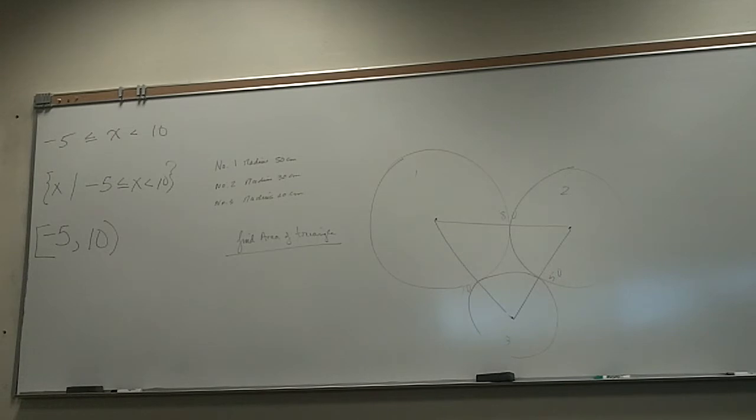Y'all still see how to do it? There's one way right now for you all to do it besides trigonometry. You don't need trigonometry for the triangle area. Why not? Pythagorean theorem.